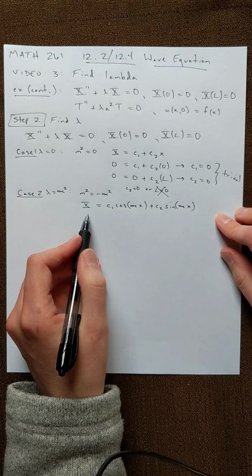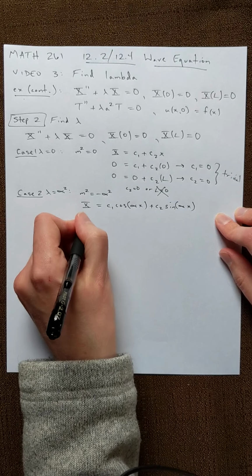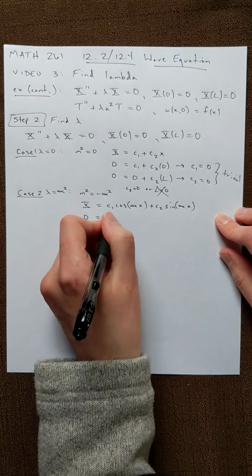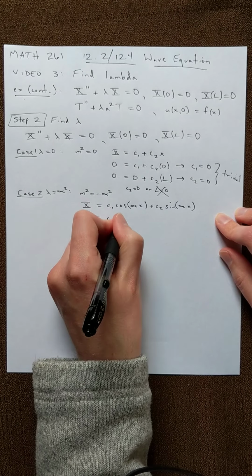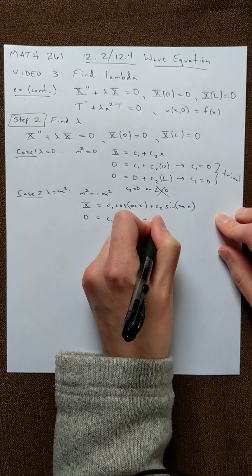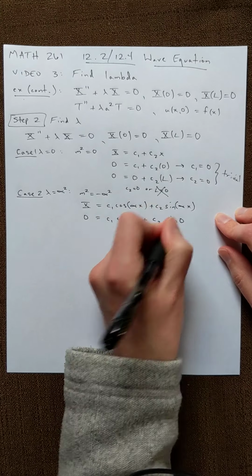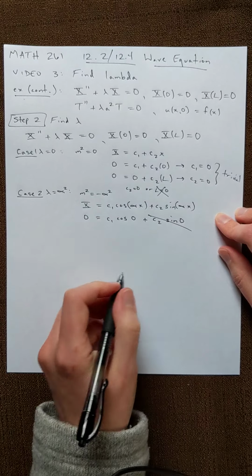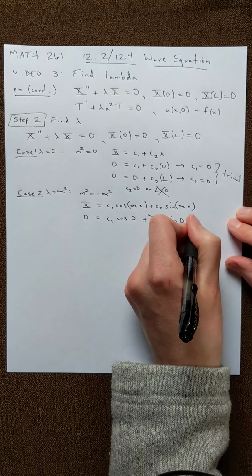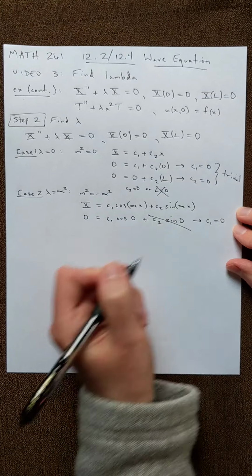Let's see. We now have two boundary conditions. If you plug in x is 0, the sine of 0 is 0, cosine of 0 is 1, so this tells me c1 is equal to 0.